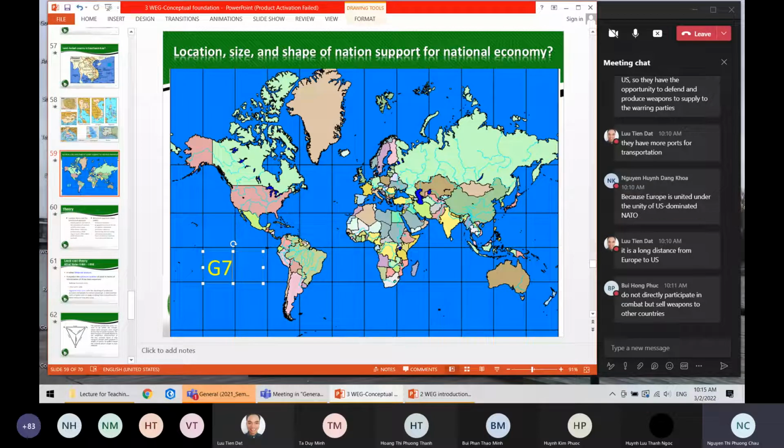Some of you mentioned that the U.S. has both sides of sea border. Think about that. This is the absolute location of the United States. So think about how a nation can create a new weapon and how the weapon can work. How can the new weapon work before selling?